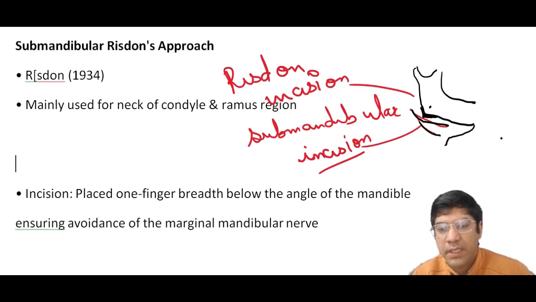This approach is used to access the neck of the condyle. It has drawbacks such as limited access to certain parts of the jaw joint, particularly the head region.